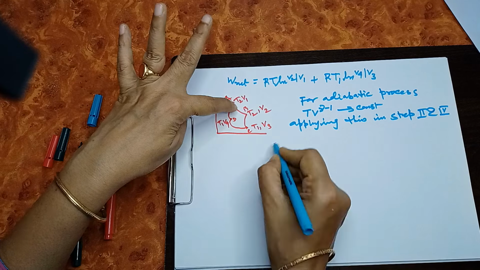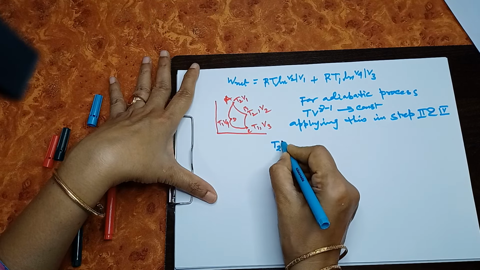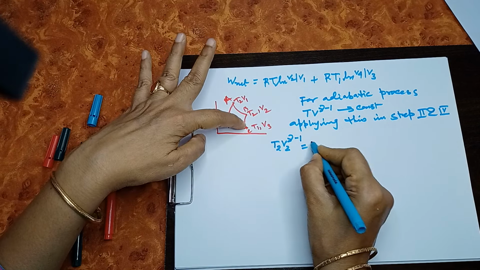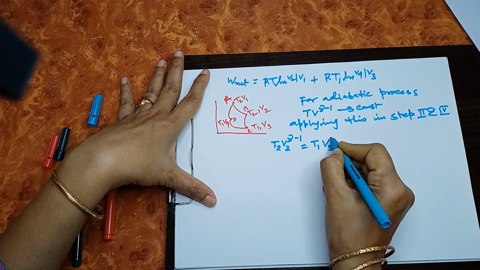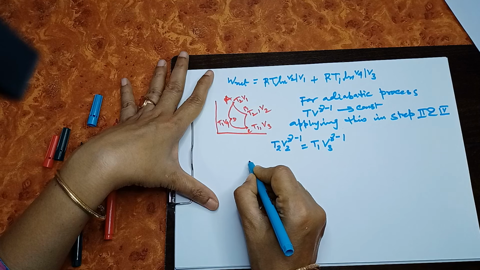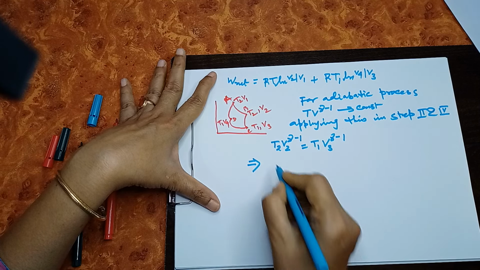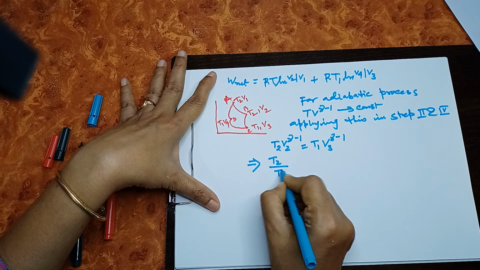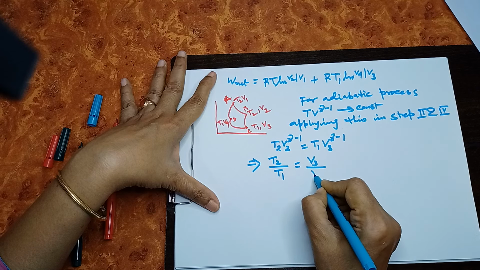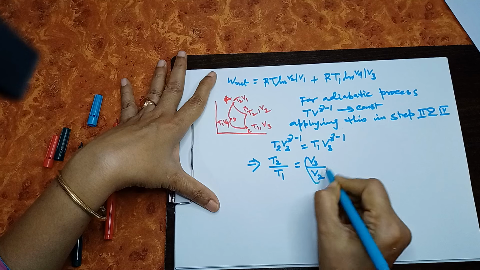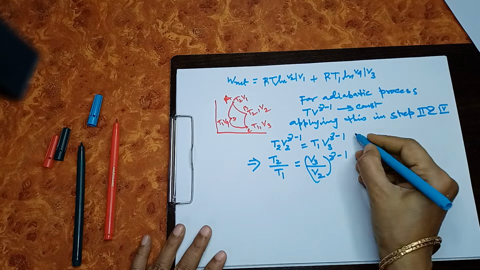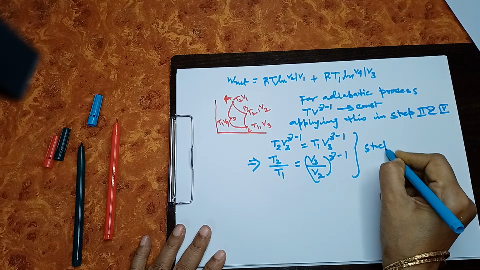In step 2, see here, T2 V2 to the power gamma minus 1 is equal to T1 V3 to the power gamma minus 1. Here gamma is Cp by Cv. From here, we can write T2 by T1 is equal to V3 by V2 to the power gamma minus 1. This is for step 2.